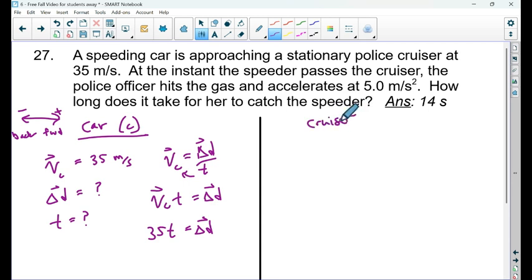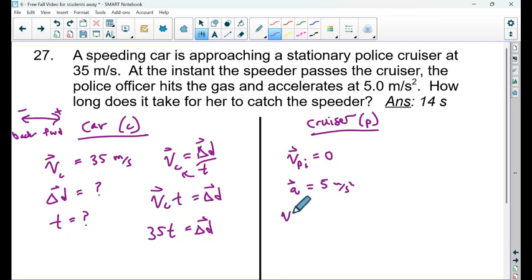You may notice cruiser starts with the letter C, so I'm going to use P for police. Okay, we say what's the initial velocity of the police cruiser? It's 0, starting from nothing. What's the acceleration? It's the only one that's accelerating, so I'm not going to give it a subscript because I know there's only one of them that's accelerating. It's 5 meters per second squared.